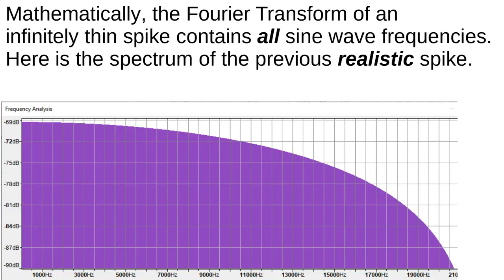This is a spike. Mathematically, the Fourier transform of an infinitely thin spike contains all sine wave frequencies. Here is the spectrum of the previous realistic spike.